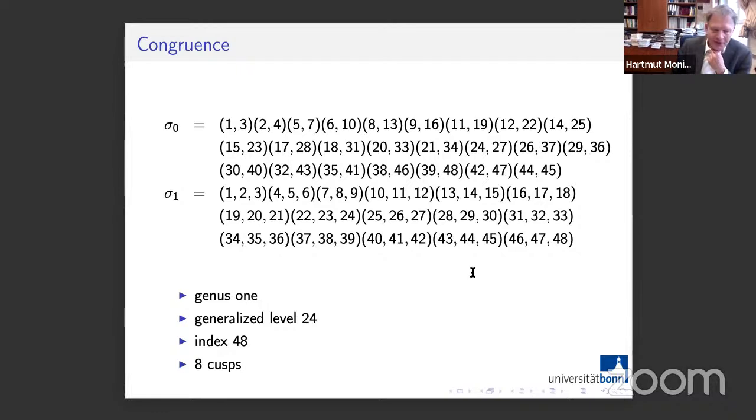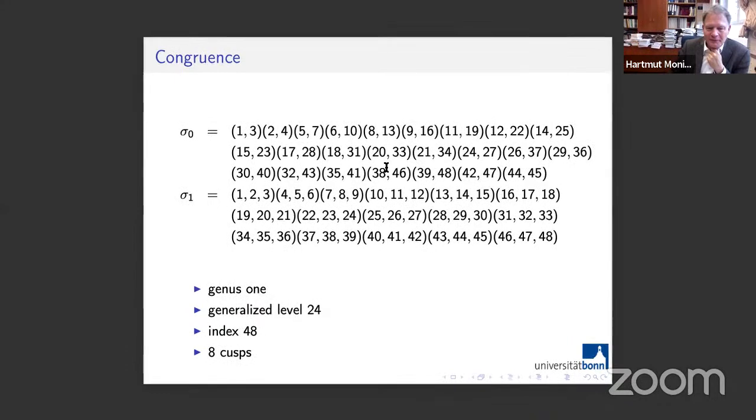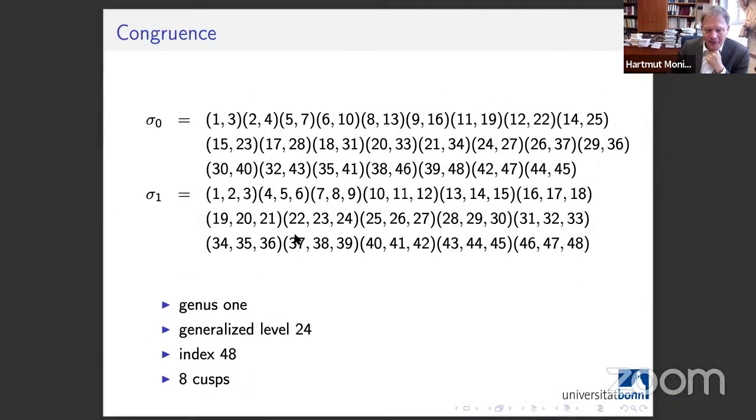What I'm doing here is, funnily enough, giving you only the permutations, and from these permutations, using the Farey symbols, as I explained last time, you can deduce almost all properties of the corresponding modular group.